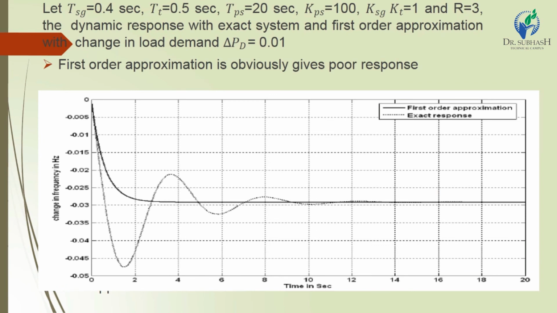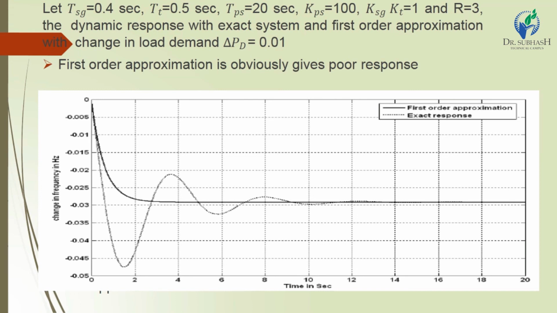In this slide, the time in seconds and the change in frequency graph are shown in this figure. Tsg is equal to 0.5 second, Tt is equal to 0.5 second, Tps is equal to 20 seconds, Kps is equal to 100, Ksg into Kt is equal to 1 and R is equal to 3.